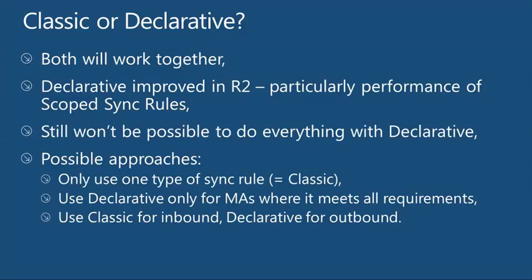But on the whole, if you are going to do a mix of classic and declarative, then I think you need to be very clear about where you're using each type. Do you just use declarative for certain management agents where it meets all your requirements? My colleague Bob has this idea of using classic for all your inbound rules and declarative for all your outbound rules. I haven't tried that myself, but it could work.